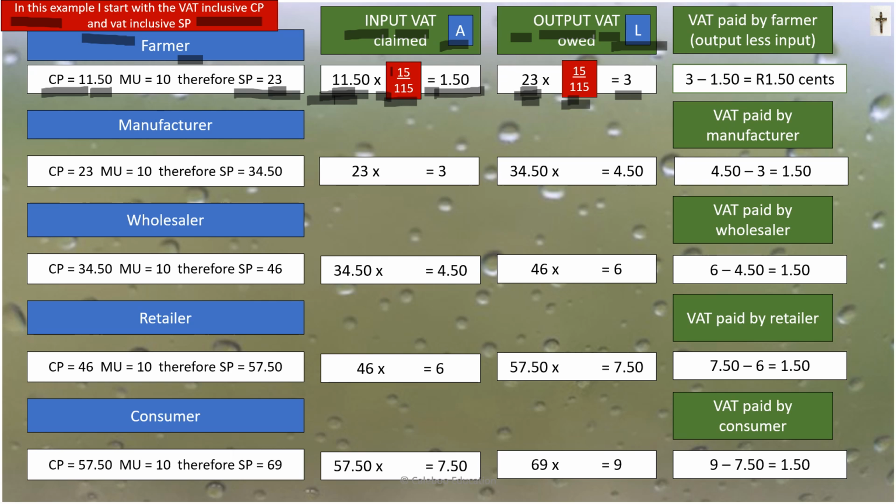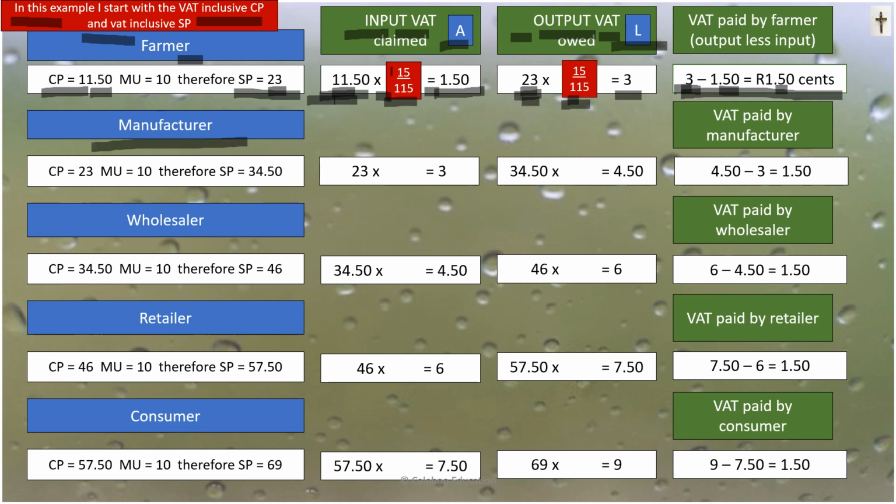What gets paid to the revenue services is 3 minus R1.50 is equal to R1.50. So output VAT less input VAT is equal to R1.50 at this level of production. So that's what the farmer will pay to SARS when they do a VAT return.